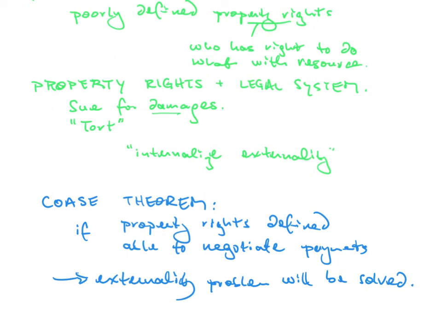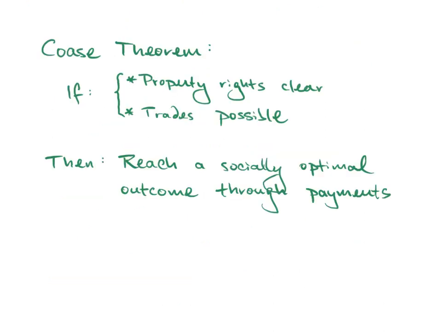And again, as long as they could negotiate selling the smoking rights, they could reach an efficient decision. Okay. So, the Coase theorem: if the property rights are clear and we can negotiate trades, we reach a socially optimal outcome through payments.